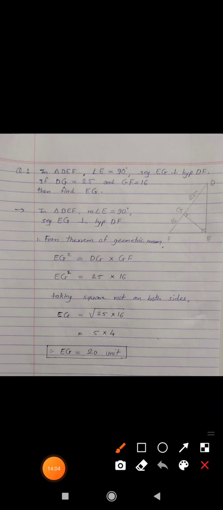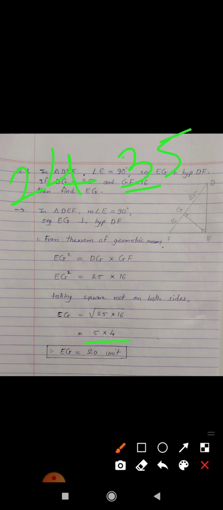These values are directly square numbers. Sometimes it may not be so, for example 24 and 35. These are not square numbers.